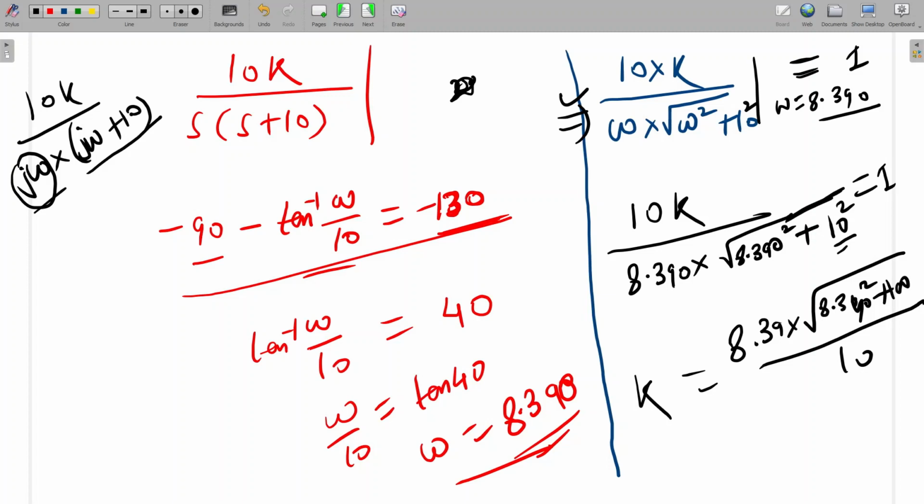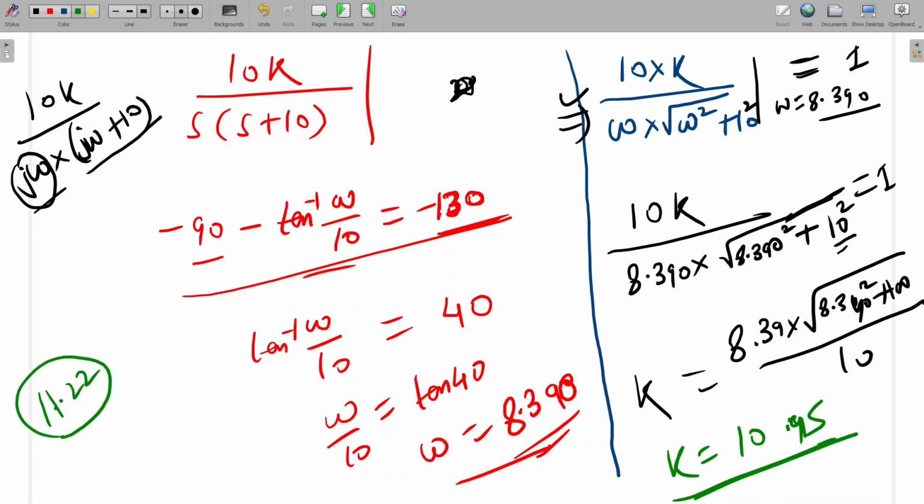How much are we getting? Okay, 100 square I have. 10.95. Is it correct? 10.95. And with Bode also we got 11.22, almost same.